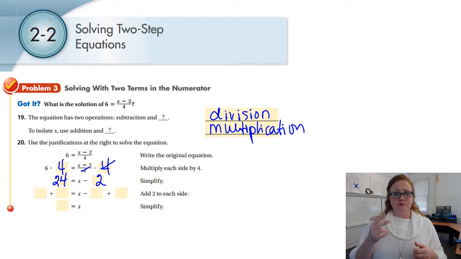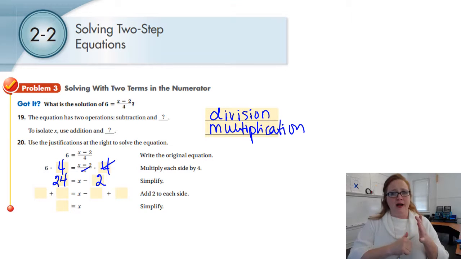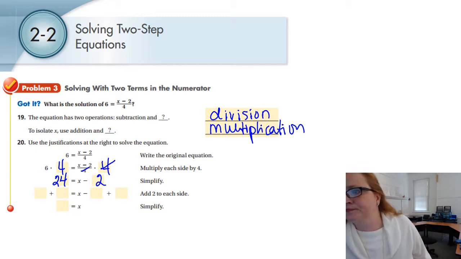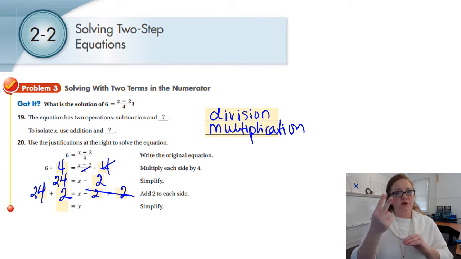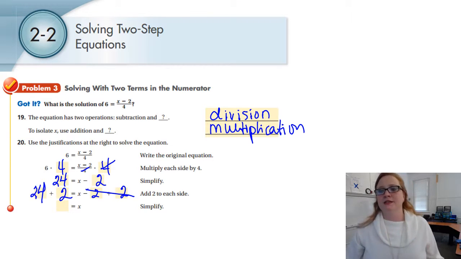Now, we see the only operation we have left is subtract. The opposite of subtract is add. To continue solving this equation, we need to add 2 to both sides. 24 plus 2, the answer, 26.